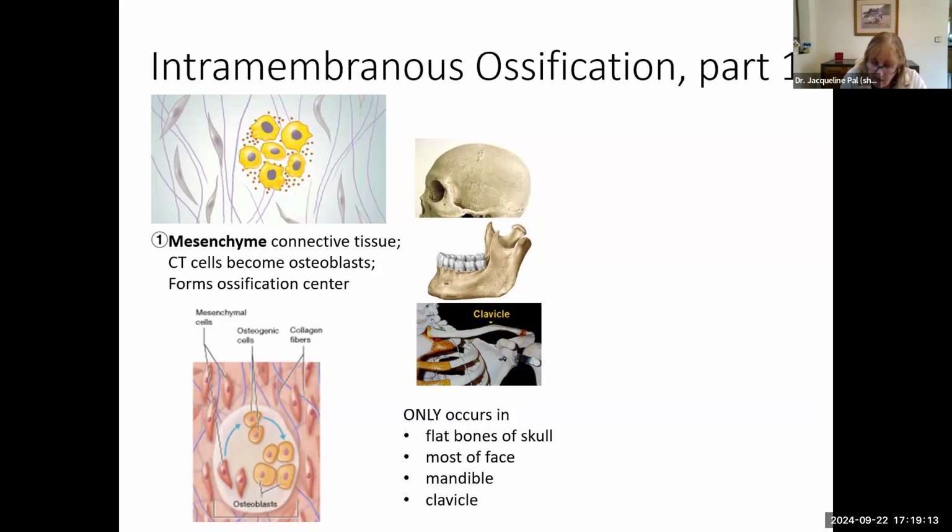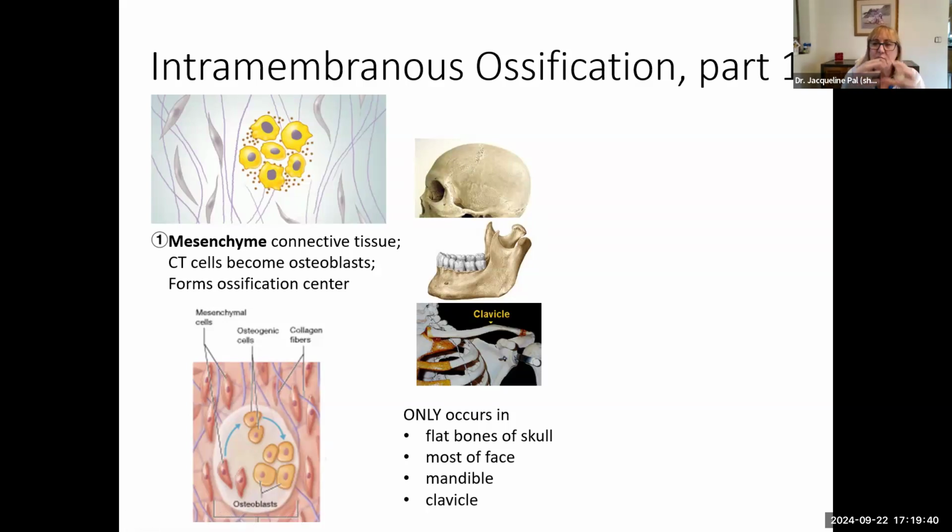So the stem cell that can become cartilage or bone says, fantastic, we're going to become bone. So that stem cell becomes an osteoblast. Okay, so a little cell from the mesenchyme gets the little message, and shazam, it's now an osteoblast.